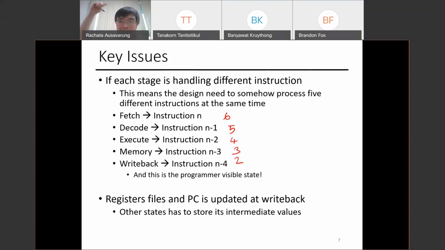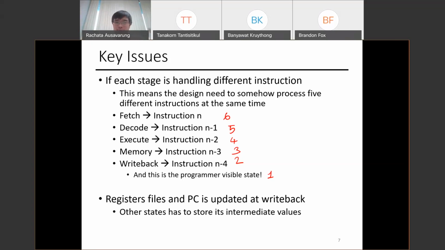It means that right now the only instruction that fully finished is instruction 1, the first line in your code. That's what the programmer would see. That's what's visible to the programmer, because it passed the write back, so you see the full changes that come from instruction 1.